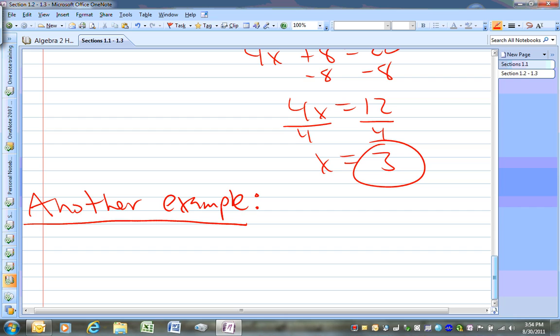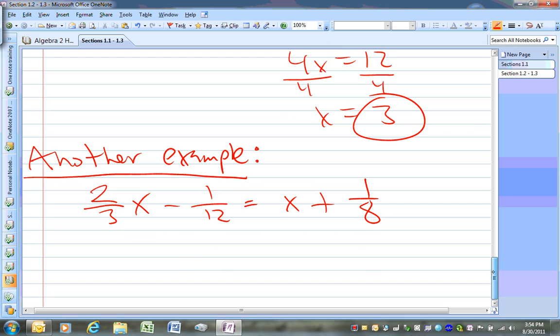Okay, let's say we have the following. 2/3 x minus 1/12 equals x plus 1/8. Notice how this is going to involve something we talked about earlier, combine like terms. That's the way algebra works. It builds upon itself.